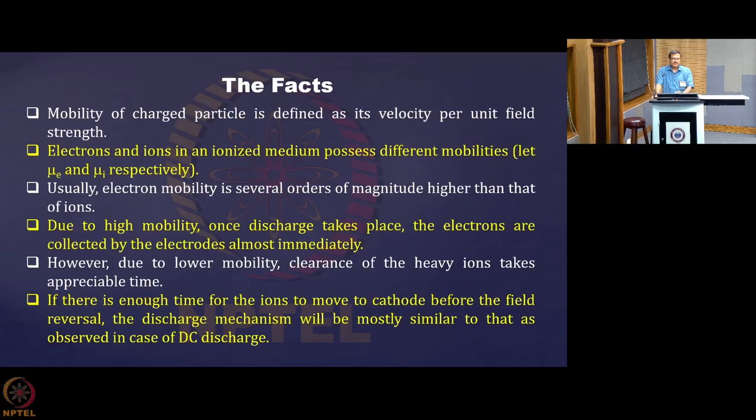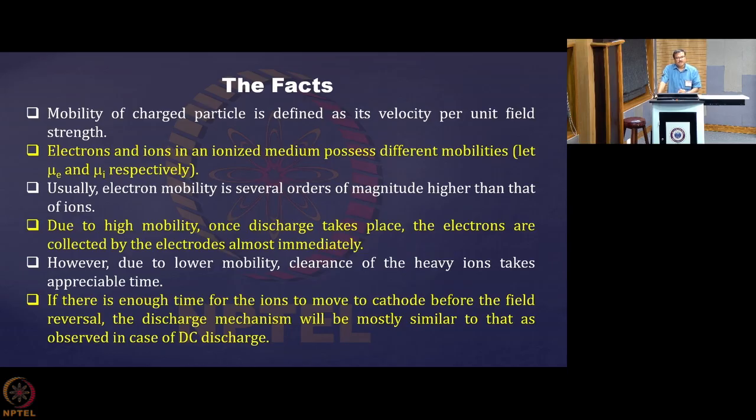Now, you apply the superposition principle, and there are a number of charged particles which is of the order of 10 to the power 20, 10 to the power 19, 10 to the power 21 kind of thing. So when such a huge number of charged particles, the field adds up, that becomes substantially high, and that will be over and above the electric field which you have applied externally. So that will assist the breakdown mechanism.